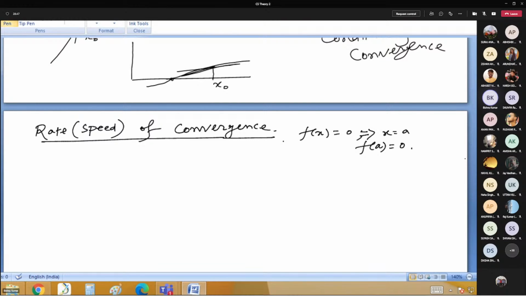But mathematically it is not solvable, so you adopt some iteration method and step by step approach the solution A. In the nth iteration you will get the nth iterated value, xn. Is this exactly A? No, this is approximate to A.